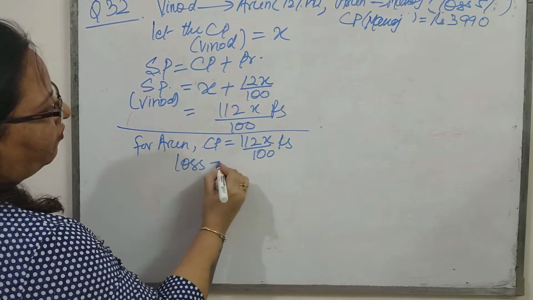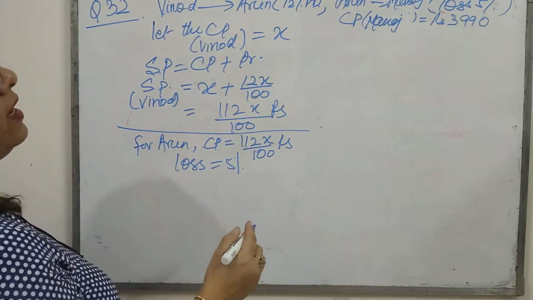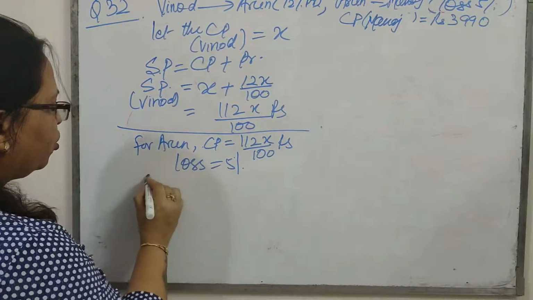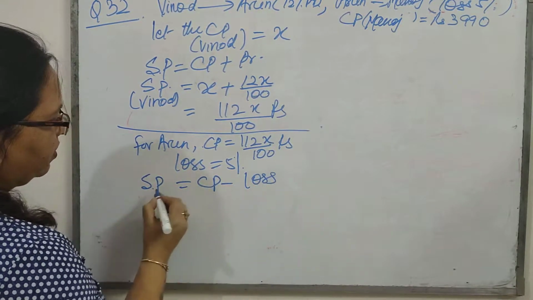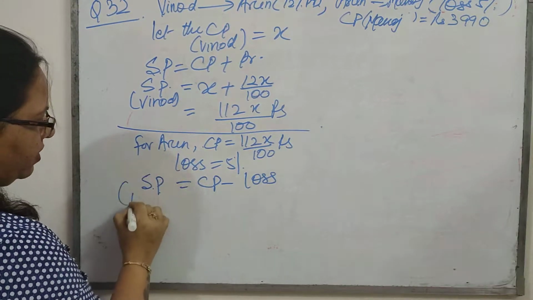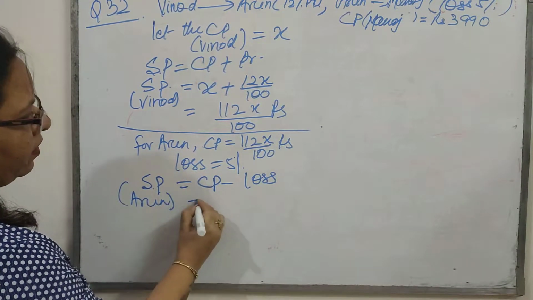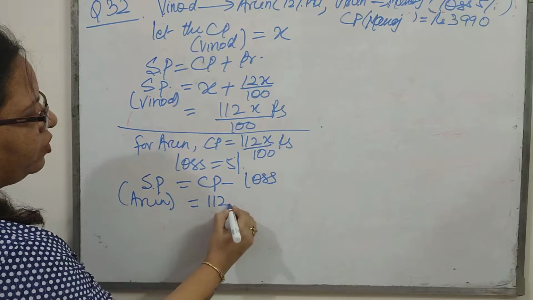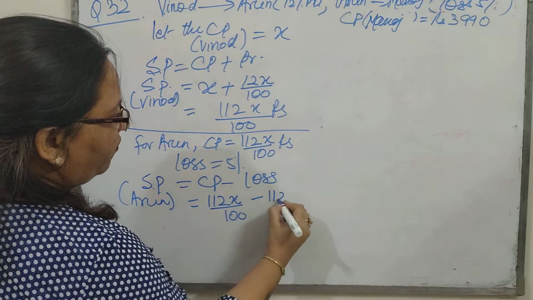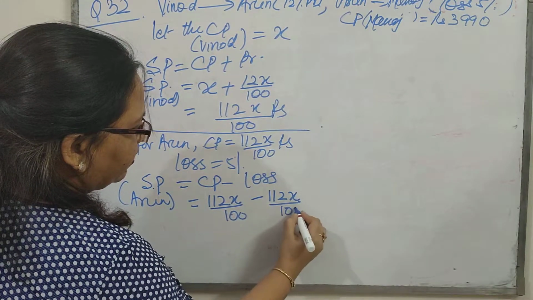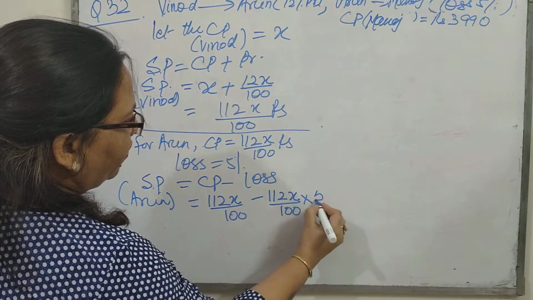He got a loss of 5% and sold it to Manoj. So what is the selling price? CP minus loss. Whose selling price? Arun's. His cost price was 112x by 100. Loss was 5%. So 112x by 100 into 5%.